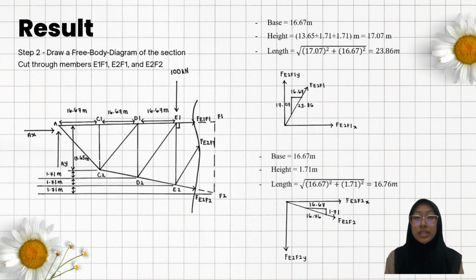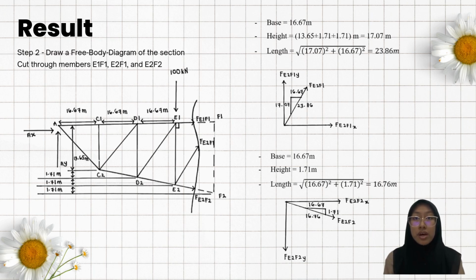The third step is to draw a free body diagram of the section side with the dimensions. I assume all 3 members are in tension. For members not aligned with the x-axis or y-axis, we need to calculate the base, height, and length.